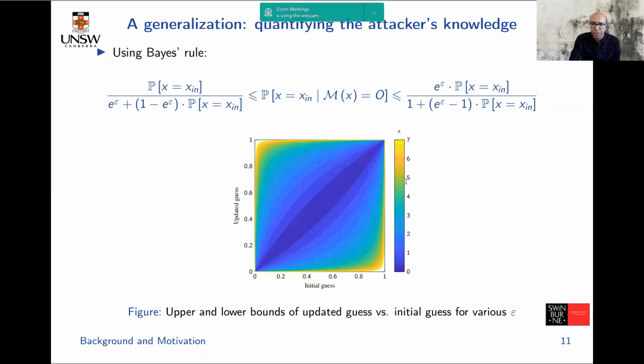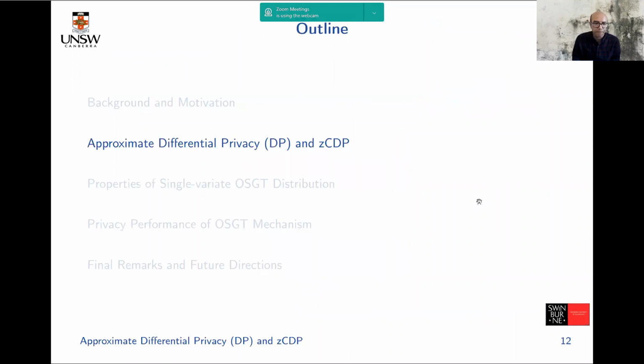As you see, for large values of epsilon, the degree of certainty grows quite fast. For example, with an initial guess of 10%, you may reach an updated guess with a probability of 94%. So this is something that you can get here.